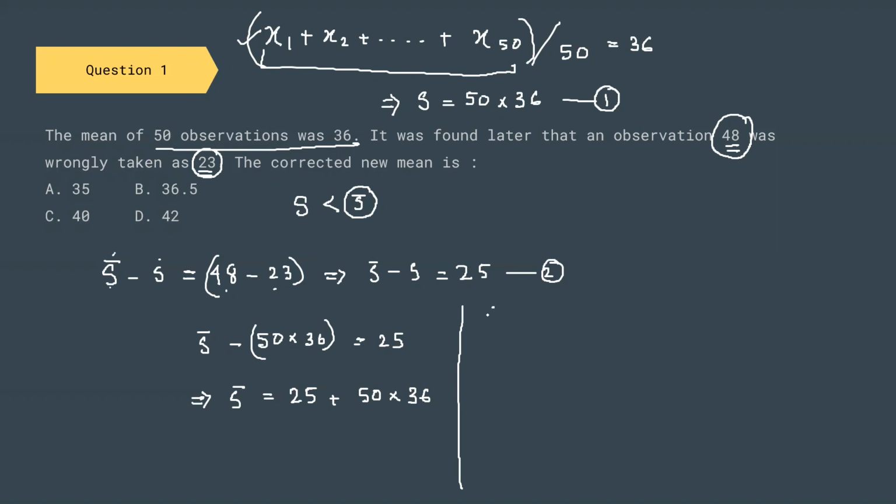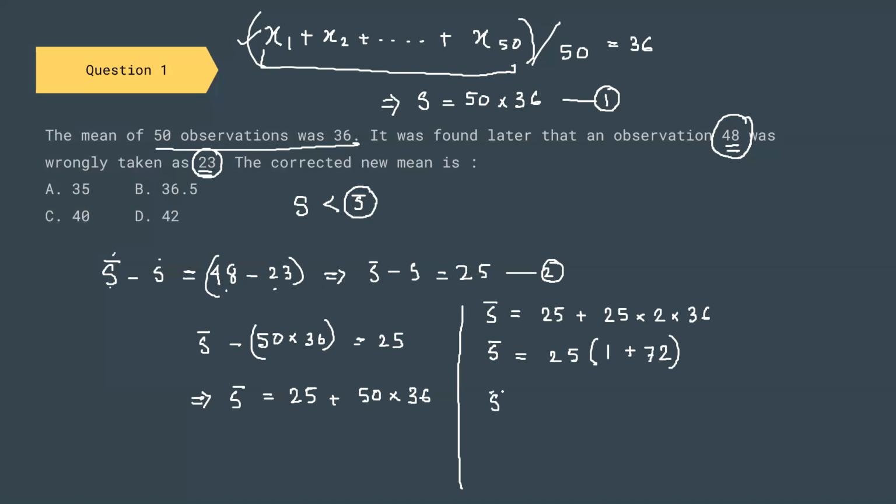What we can write in the next step is S dash equal to 25 plus 25 into 2 into 36. We can take 25 common from both of these numbers. So we will have 25 into (1 plus 72), since 2 into 36 is 72.